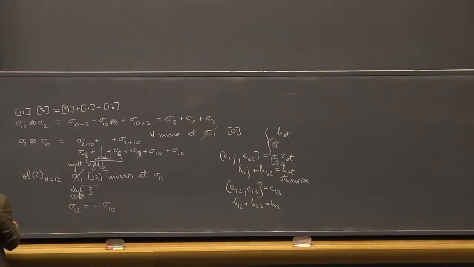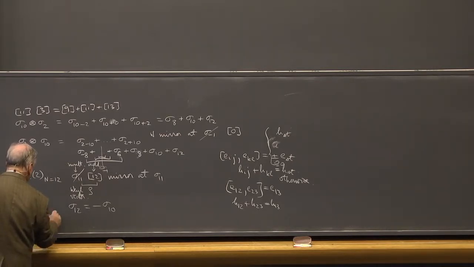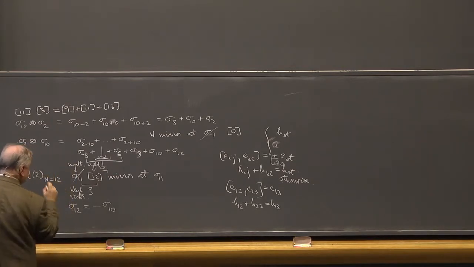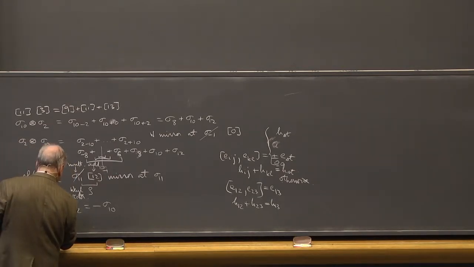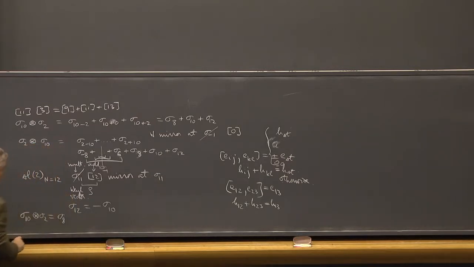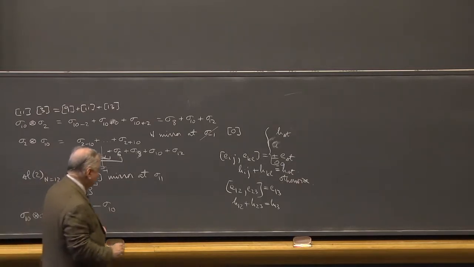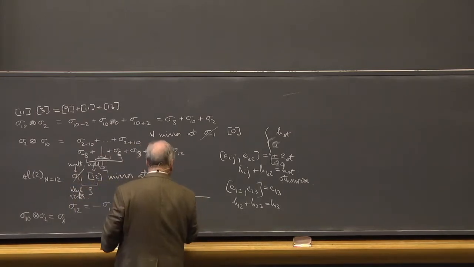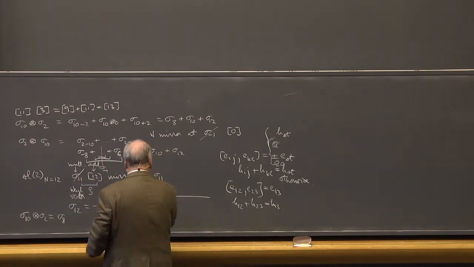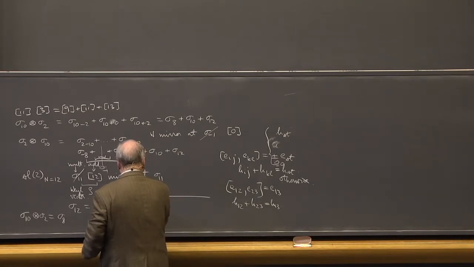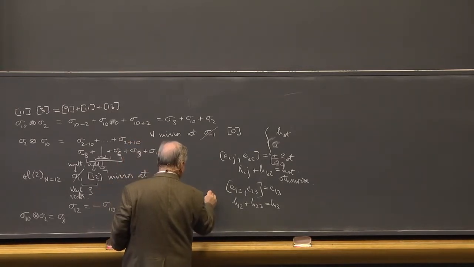So in this case, you'd have sigma 10 times sigma 2 equal to sigma 8. Remark that in this case, which will be the case in general, if sigma 12 is sigma 10, so this is the additive 0 up to 12, yes?